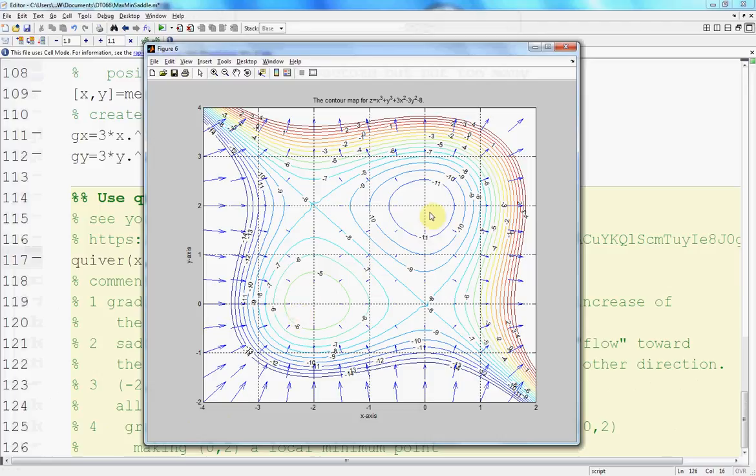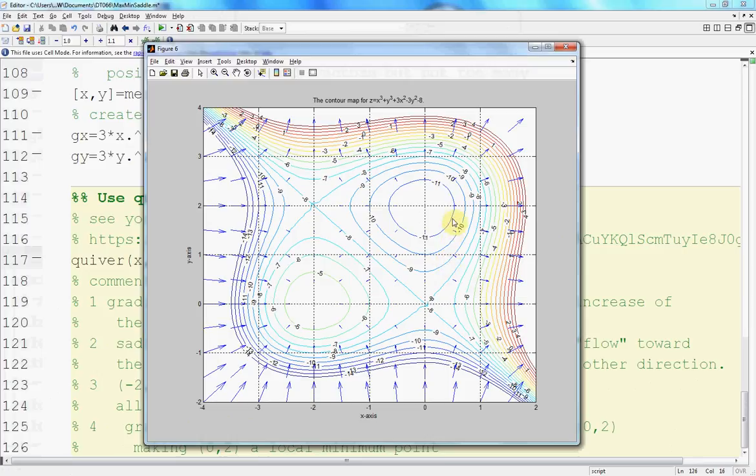When I look at this point over here, that's 0, 2, all the gradient vectors are flowing away. So you're going uphill that way, that way, that way, minus 11, minus 10, minus 9, minus 8, you're going up the hill.